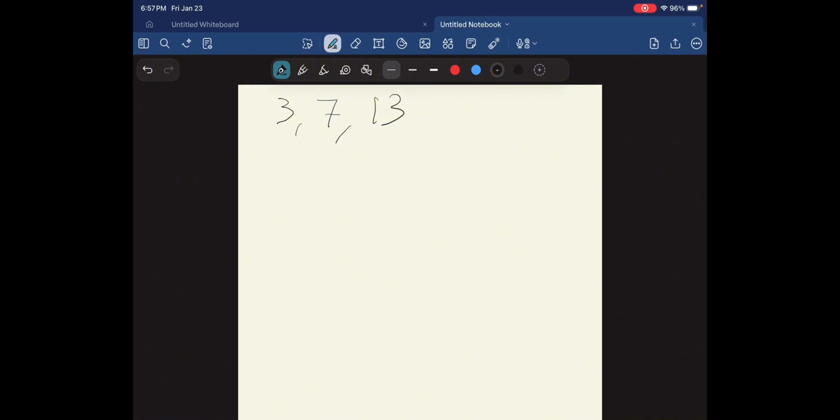So the first step in solving a problem is to find mu, or our average, which is just 3 plus 7 plus 13 all over 3, which should equal 23 over 3. I'm going to round it to 7.6667. Okay. So that is our mu, right?